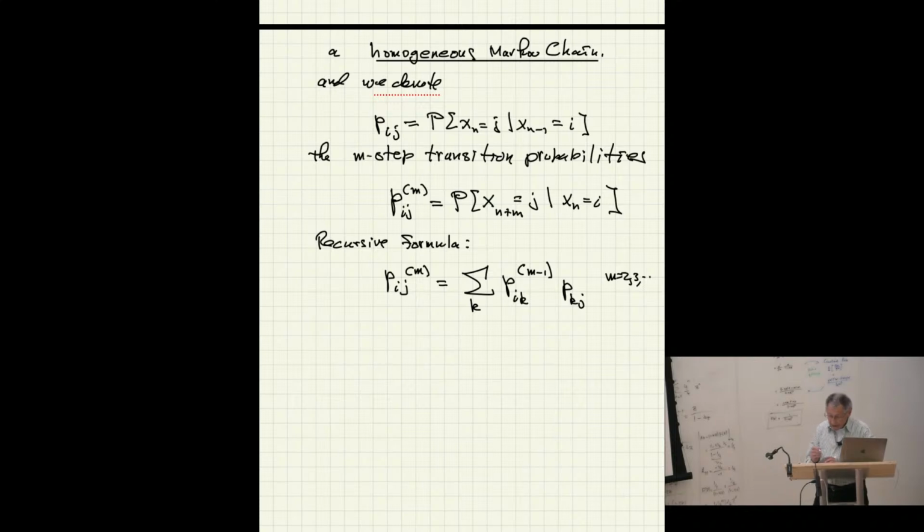Okay, next definition. This is an important one. A Markov chain, they're all important. A Markov chain is irreducible, and that's the thing I'm trying to define, irreducible, if every state can be reached from every other state.